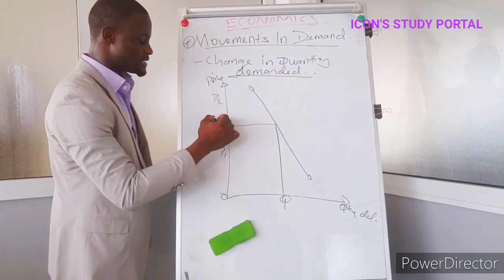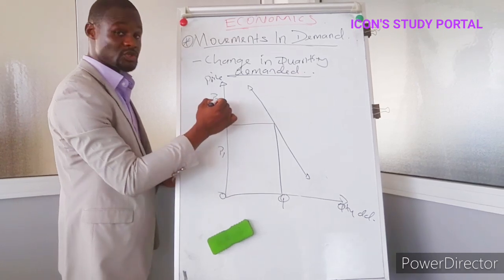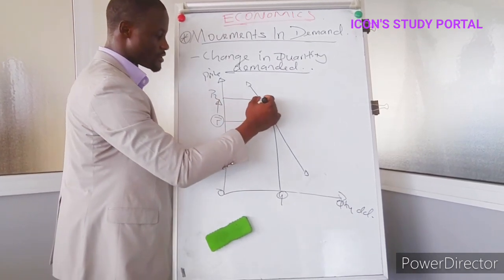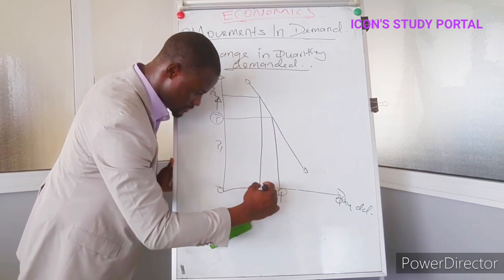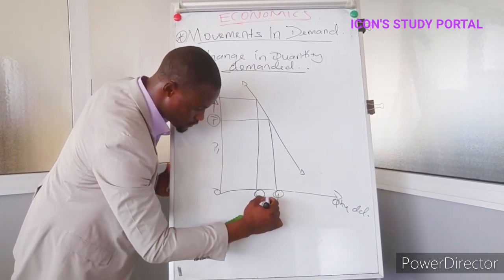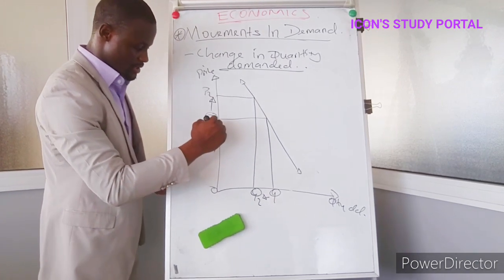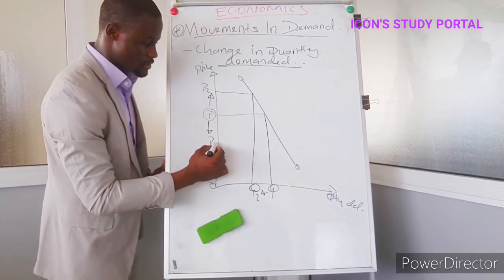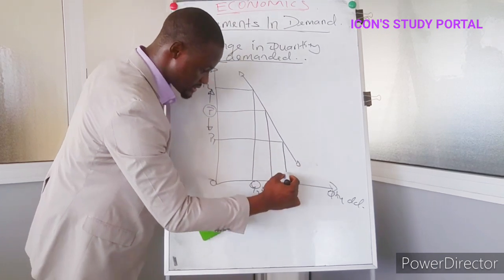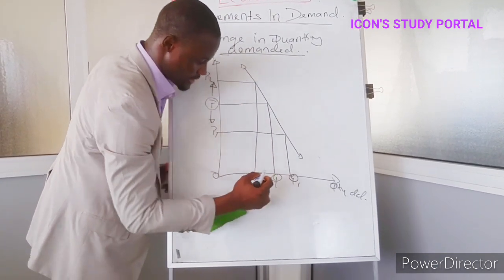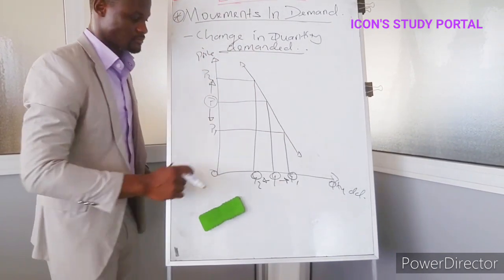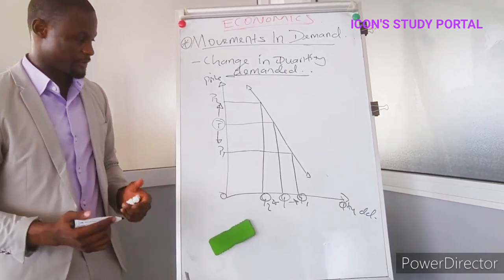When price increases from P to P2, quantity demanded does what? It falls to Q2. And when price drops from P to P1, quantity demanded increases to Q1. I hope you are following.